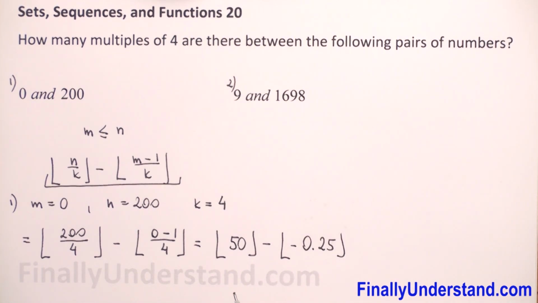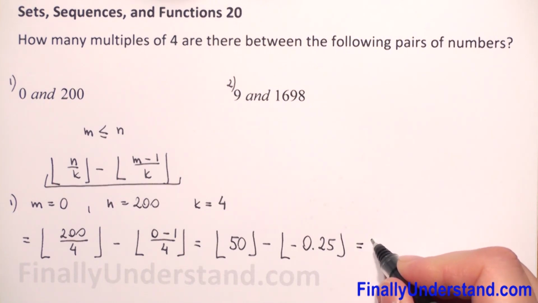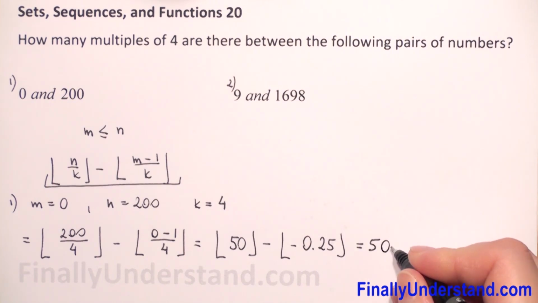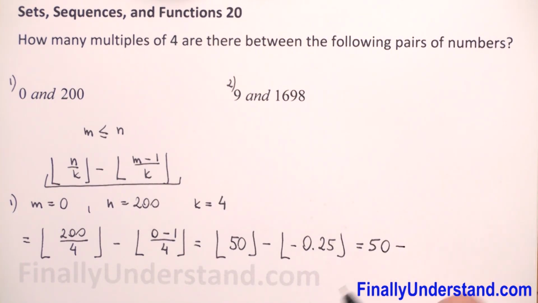When we have to find the floor, it means we have to find the largest integer less than or equal to this number. Because we have in the first example floor of 50, 50 is integer, so it will be the same number. Floor of 50 is 50, and next we have minus. We have negative 0.25. Let me draw this.